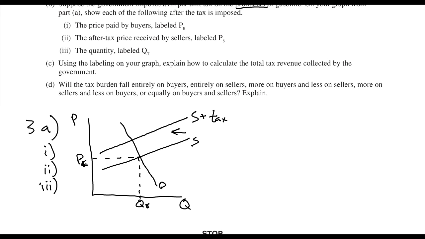So then we've got to label the price paid by the buyers. Well, the buyers are now going to pay the new equilibrium price, P sub B. The quantity that's going to be sold, I'm actually just going to jump to part 3 there, Q sub T, and the price the sellers are actually going to receive is this amount minus the amount of the tax, so it's really the spot on that line down there.